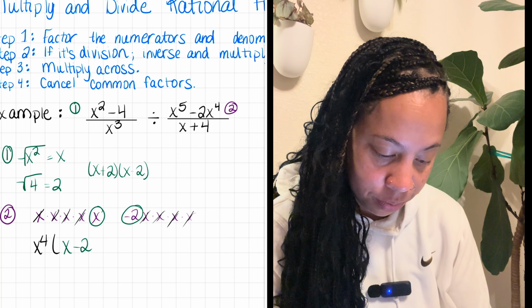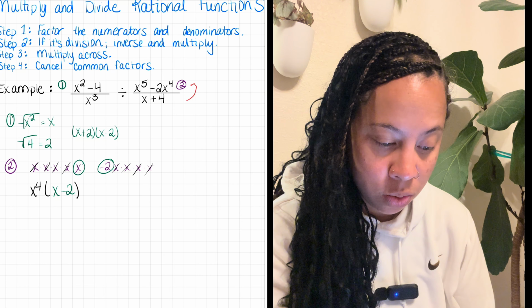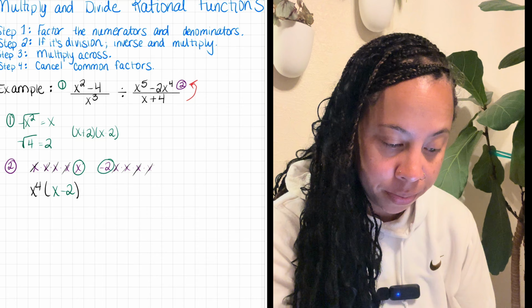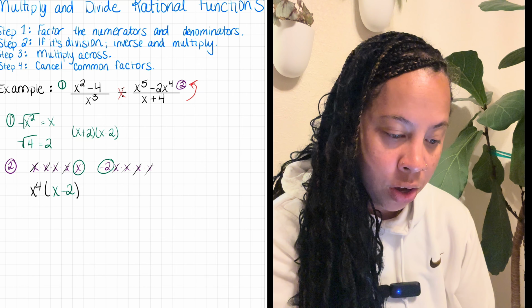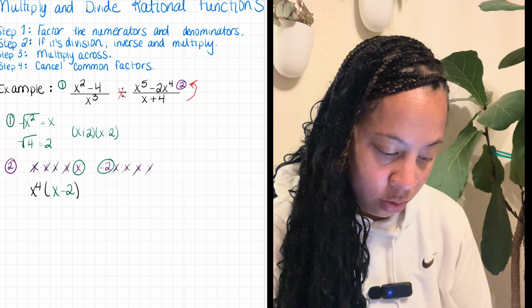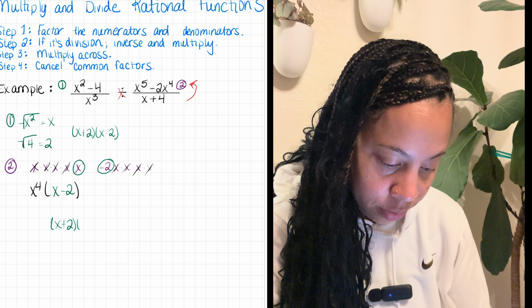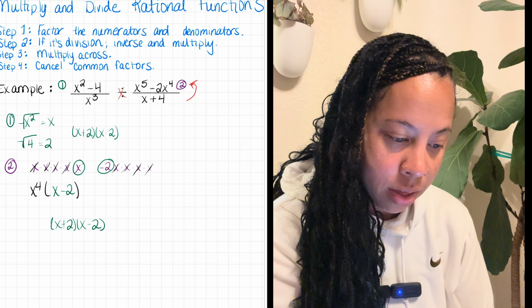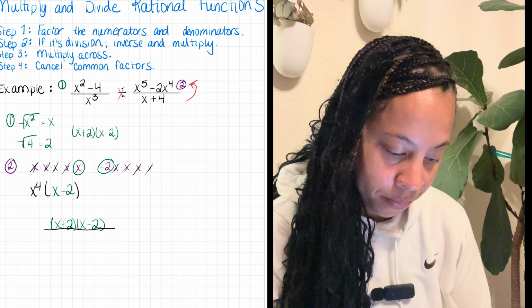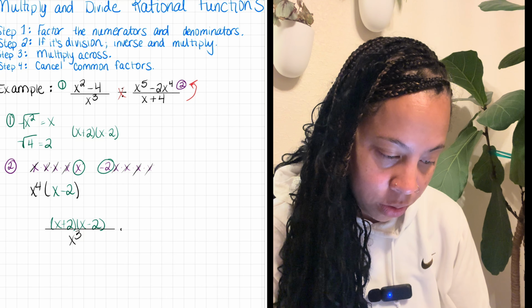This is a division problem, so we need to take the inverse and multiply. So on the fraction on the right, we're going to put the bottom on the top, and then change our division sign to a multiplication sign. So let's rewrite everything. We had an x plus 2, x minus 2, and then on the bottom, an x cubed.